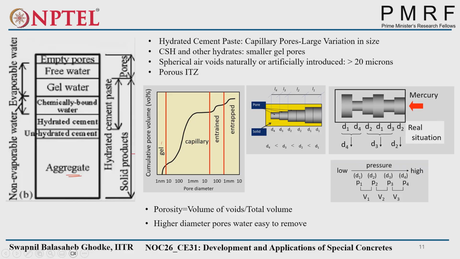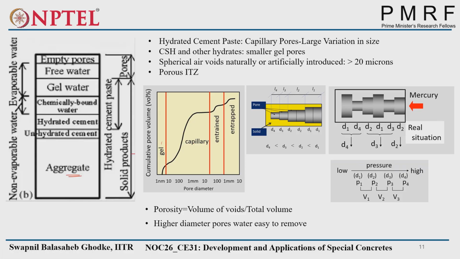If we pressurize the mercury through this side, this higher diameter side, whatever pressure is required for this one belongs to the D1 diameter, and the mercury will go up to this point. At that pressure, mercury will not go into this one because in this diameter we require higher pressure as compared to this one, right?